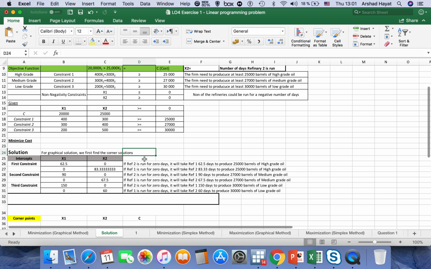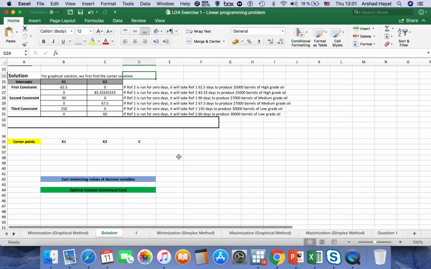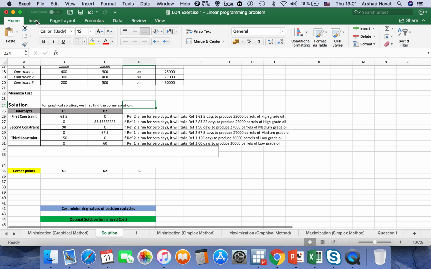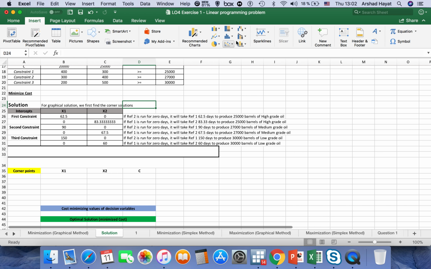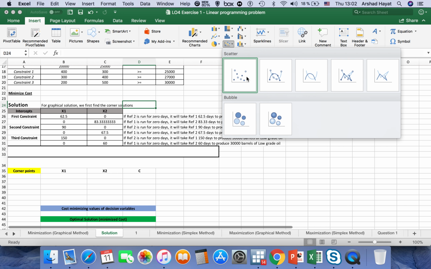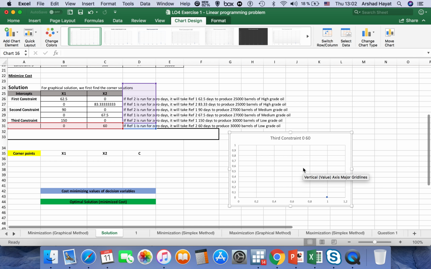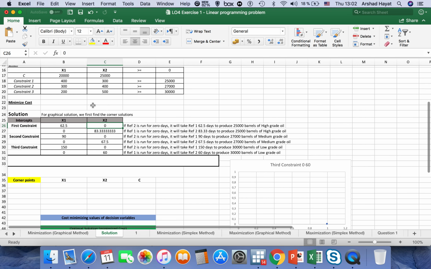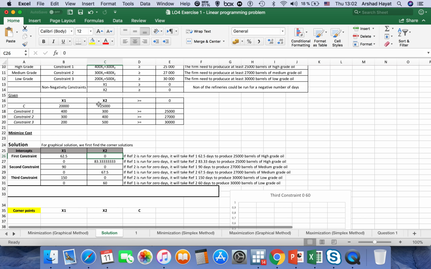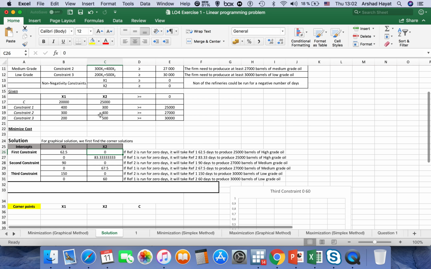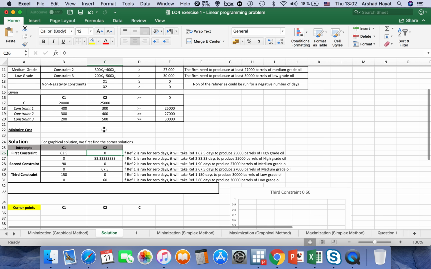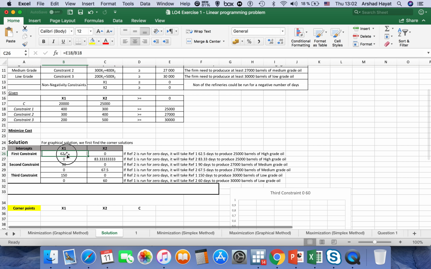By corner solutions, we simply mean, let's say, for example, we have this simple graph. Let's say any graph. I have already actually solved this, so I should rather do it again.